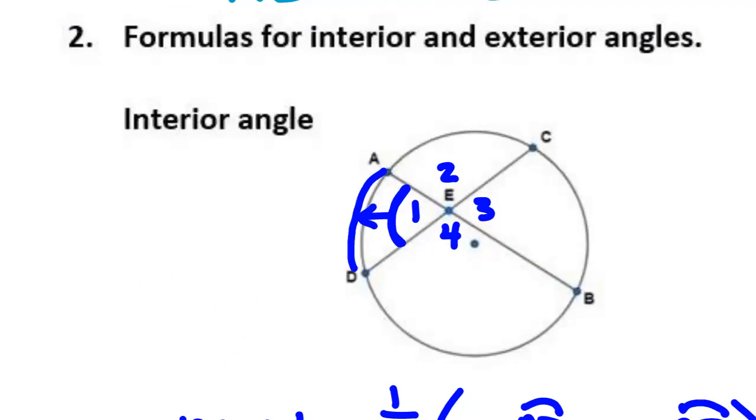Angles 1 and 3 are congruent because they're vertical angles. And I need both of the arcs that are opposite my vertical angles.